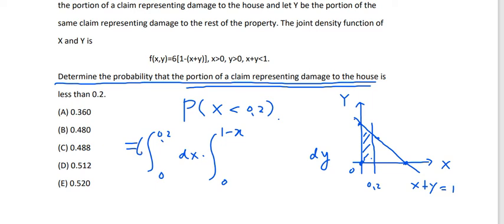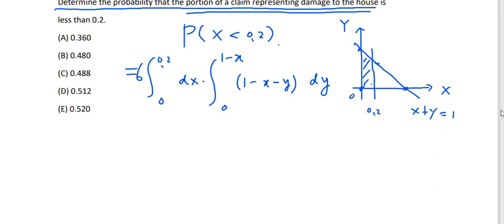We put 6 times (1 minus x minus y) dy. So this problem is just a simple double integration. Such a problem is quite regular and simple.